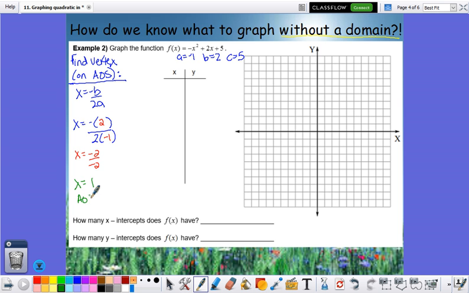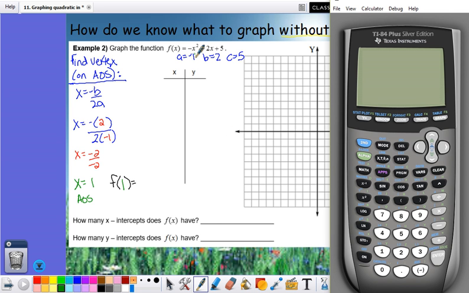So if this is my axis of symmetry, to find the vertex, now I plug in this value. So I'm going to say, what is f of 1 equal to? And when I substitute this into my calculator, I get the negative of 1 squared plus 2 times 1 plus 5.